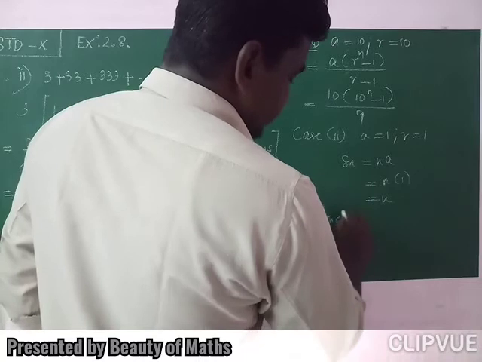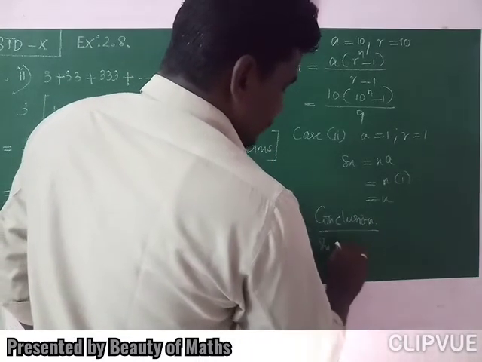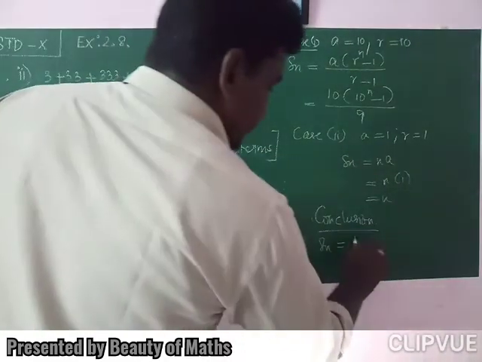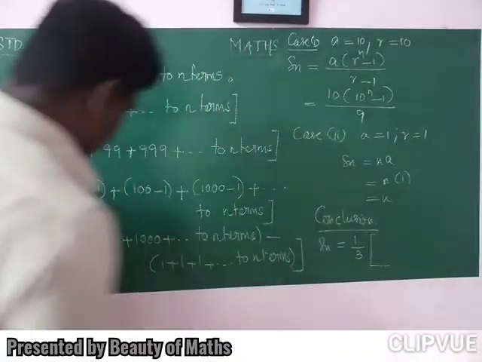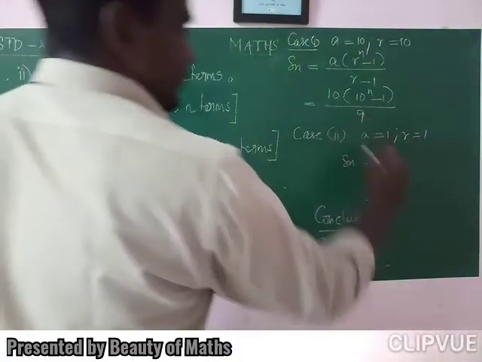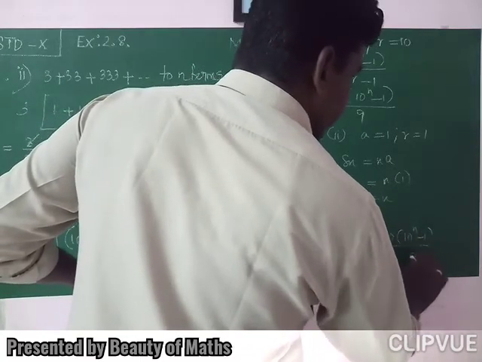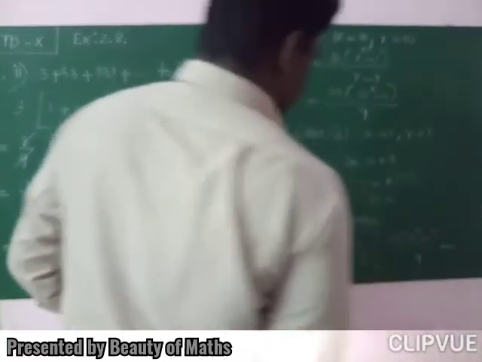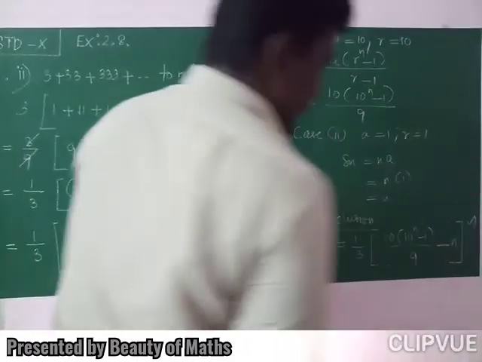So conclusion: Sn equal to 1 by 3 of, instead of the first series, I am going to write 10 of 10 power n minus 1 divided by 9, minus, instead of the second series I am going to write n. This is the required answer.